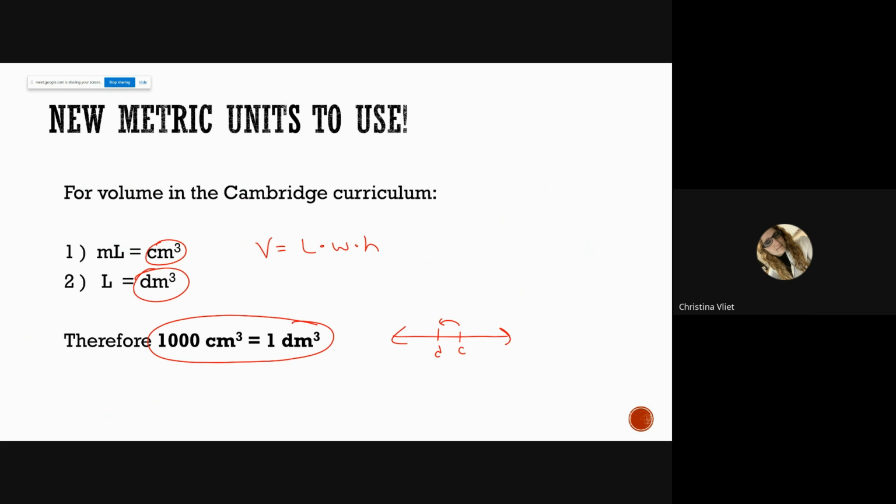Do you remember that? So every move of 1 is actually a move of 3. We're going to see that in questions shortly. If you don't remember that, the other conversion is this one. You can memorize 1,000 centimeters cubed is always equal to 1 decimeter cubed, and it tells you the same exact thing as moving the decimal over. There's more than one way to solve the question.